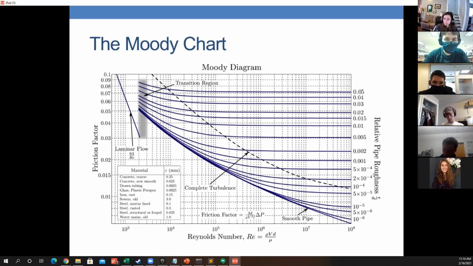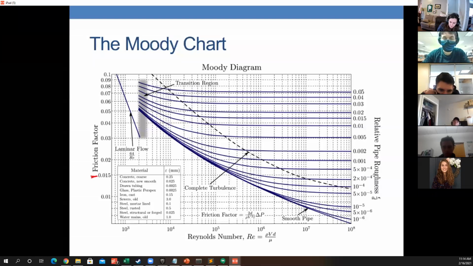Okay? So these are an experimental relationship, just like we saw drag coefficient as a function of Reynolds number. That was an experimental relationship you would see on a chart. Same thing here. Something else I want to point out is that friction factor and Reynolds numbers are both dimensionless groups.